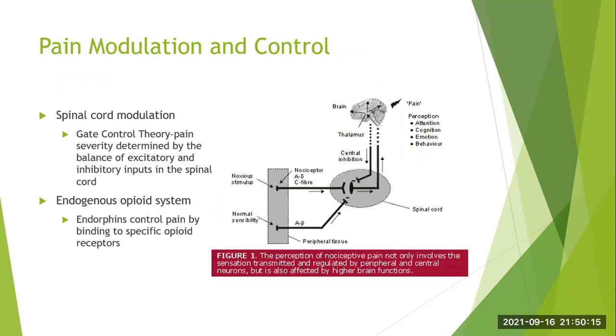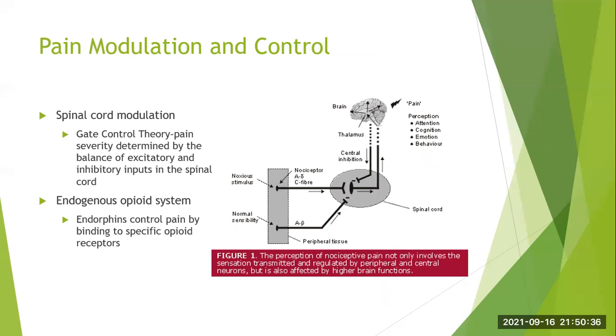So with spinal cord modulation, it's the gate control theory is what it's called. And we'll talk more and more about this in neuro next quarter. But the severity of the pain is determined by the balance of excitatory and inhibitory inputs in the spinal cord.